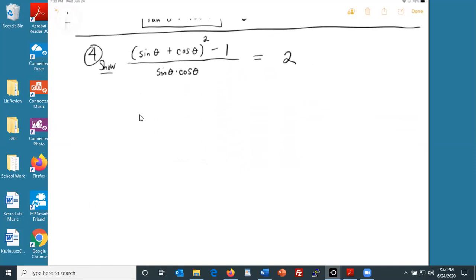Okay, so hopefully the first thing you're thinking about is simplifying the parentheses by squaring. But remember, what you have to do there is not square the terms, really, but you write it out twice and FOIL the problem.